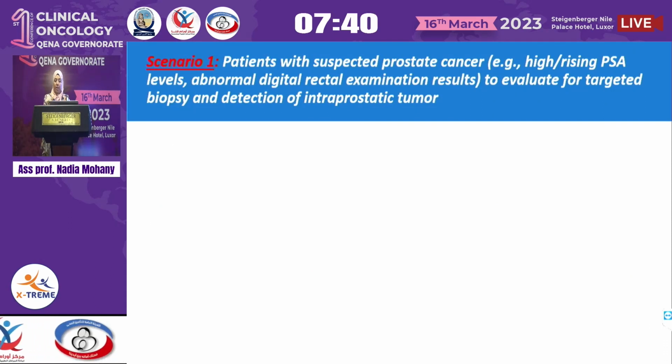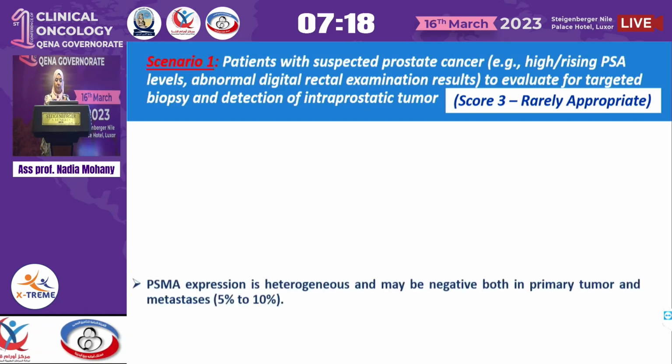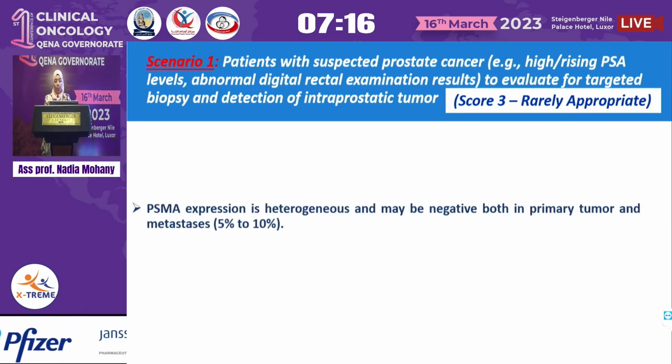The first scenario: a patient with suspected prostate cancer due to high or rising PSA level or abnormal digital rectal examination result, to evaluate targeted biopsy and detection of intraprostatic tumor. The appropriateness of PSMA in this clinical scenario is score 3, rarely appropriate. Why rarely appropriate? Because PSMA expression is heterogeneous and negative in 5 to 10%, both in primary tumor and metastasis.